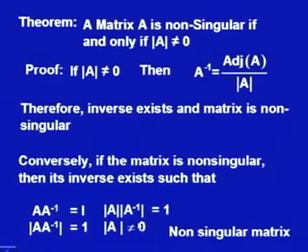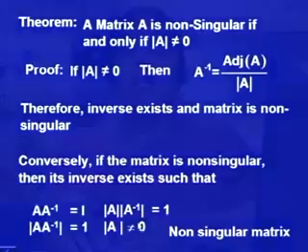Now, after proving this, one can take this result as a definition for a non-singular matrix. Previously, we were defining a non-singular matrix as one which has an inverse. But now we can say that if the matrix has a non-zero determinant, then it is non-singular. So, this can be taken as a definition of a non-singular matrix.